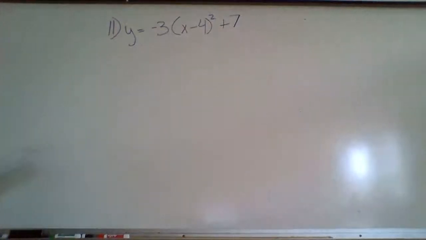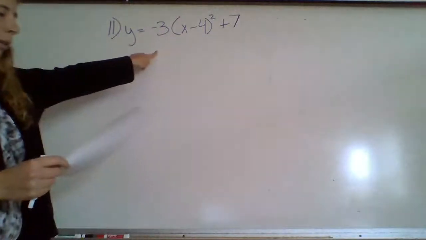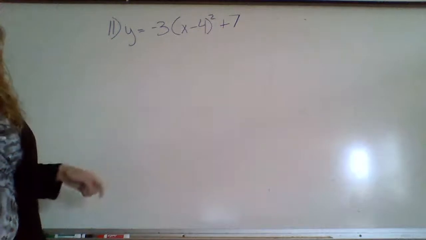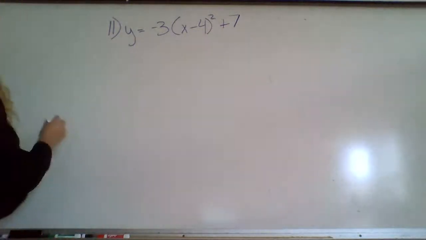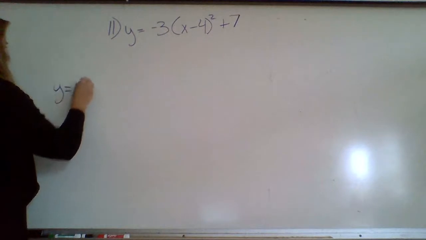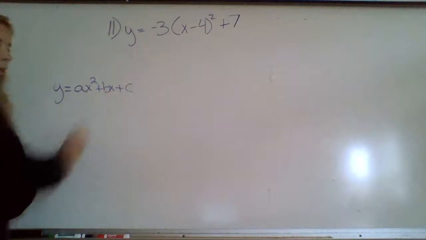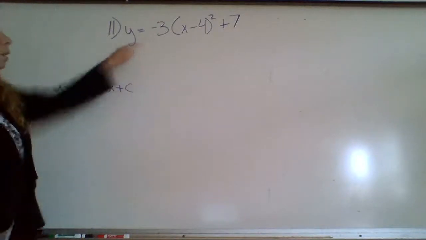Okay, moving on to the second part. This is given the vertex form. This is vertex form of a quadratic. Convert to standard form. So remember, standard form is that whole y equals ax squared plus bx plus c. All right. So we're going from here to there.